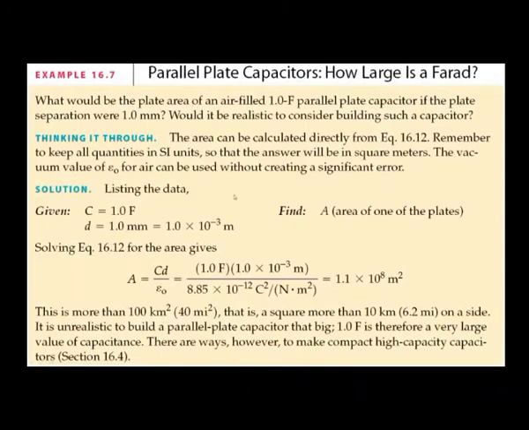As an example, what would be the plate area of an air-filled capacitor? This is our dielectric material, the air. We have a 1 farad parallel plate capacitor separated by 1 millimeter. The question is, would it be realistic to build a 1 farad capacitor separated by a 1 millimeter distance?